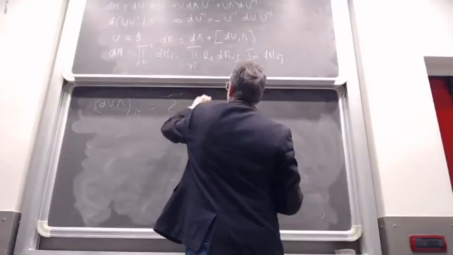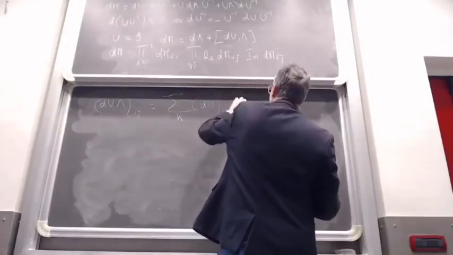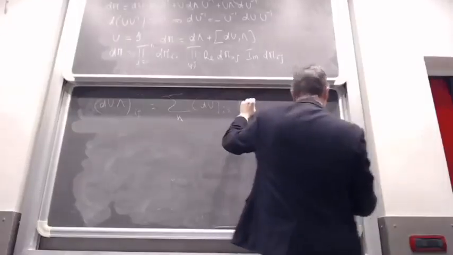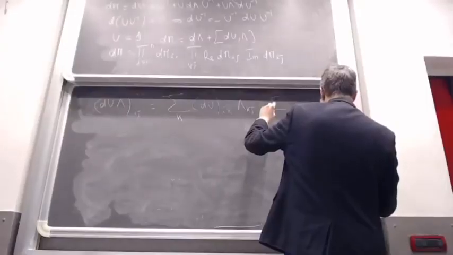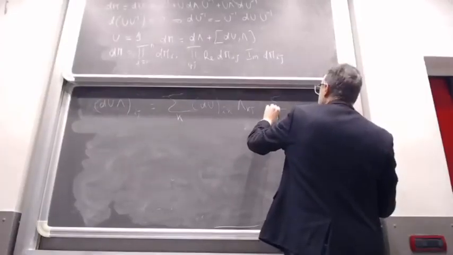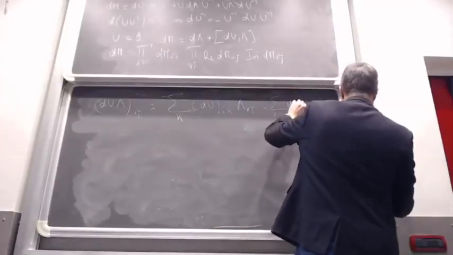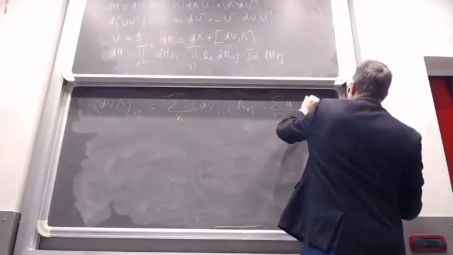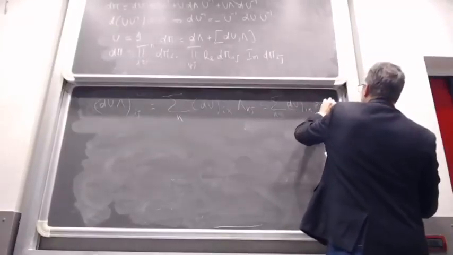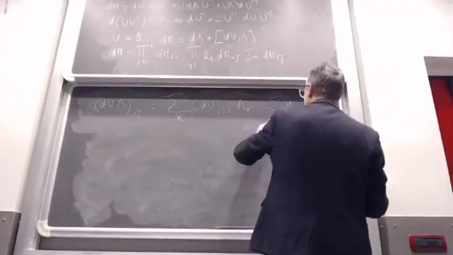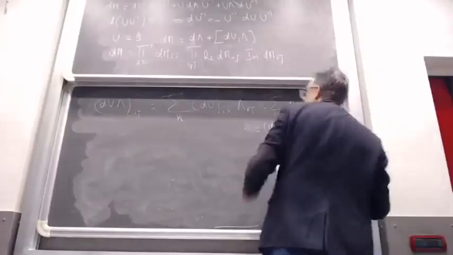This gives us the sum over k of dU_ik lambda_kj, but lambda is the diagonal matrix of the eigenvalues. So this is the sum over k of dU_ik times z_j delta_kj, and the only term that survives is dU_ij z_j.